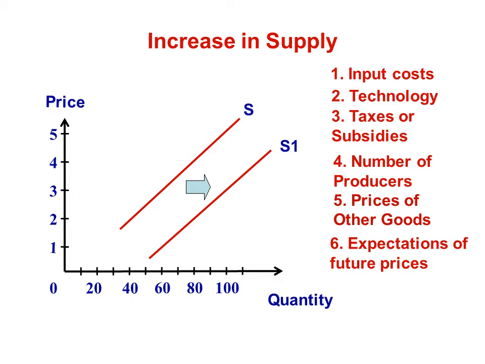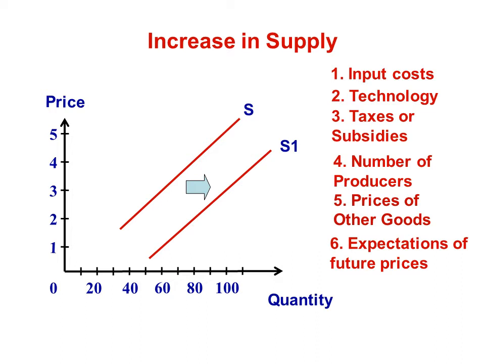So first, let's analyze input costs. Now remember, inputs are synonymous with resources or factors of production. So what would happen with the price of resources, factors of production, or inputs which would cause supply to increase? Imagine we are the farmer, the producer of corn. Let's just randomly pick one input, one factor of production, one resource.